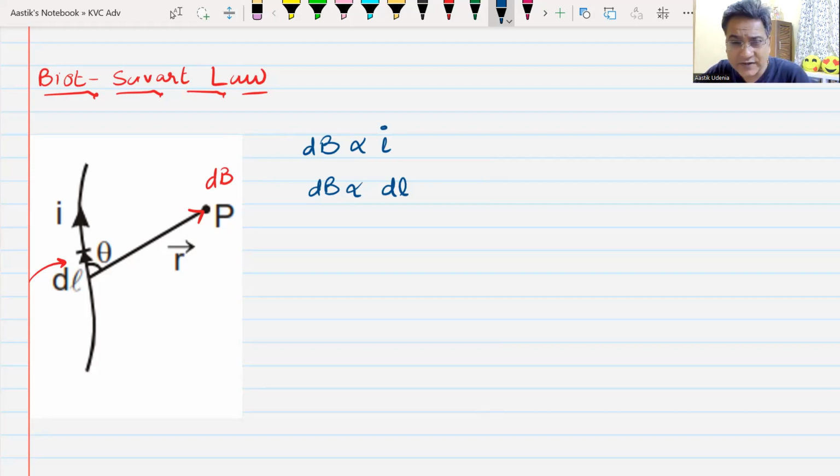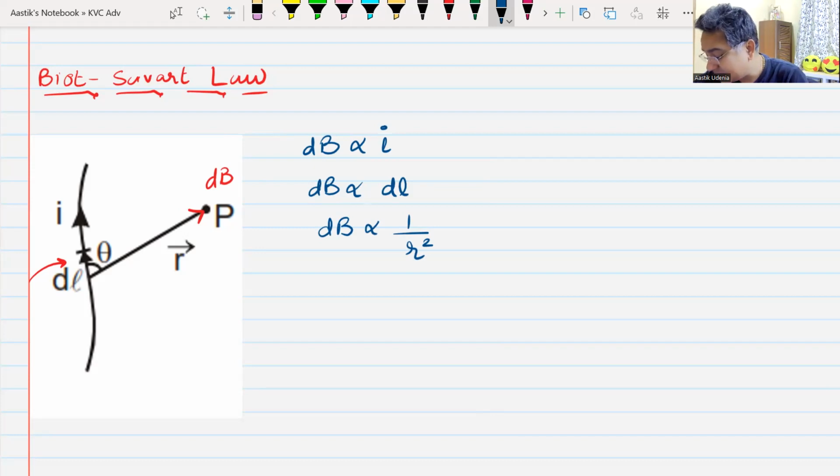The multiplication of I and dl gives us the value of that current carrying element. It has been found that it varies inversely with the square of the distance between the current carrying element and the point. If I make the distance twice, the magnetic field becomes 1 by 4.